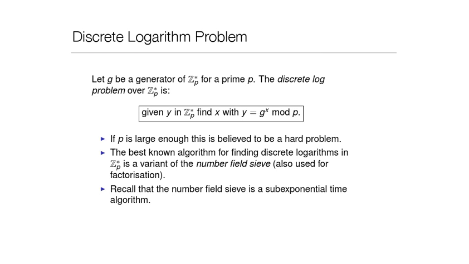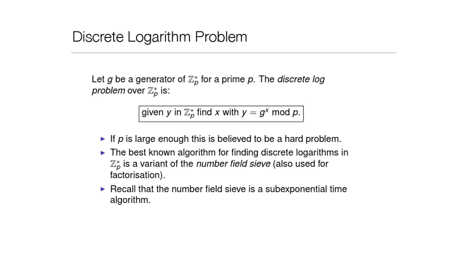We can easily compute the exponentiation: given x, we can compute g to the power x and get y. But given y, it is difficult to find x such that g to the power x is y. That's the discrete logarithm problem. We believe this is computationally hard, that only exponential time algorithms are available to solve it, not polynomial time algorithms.